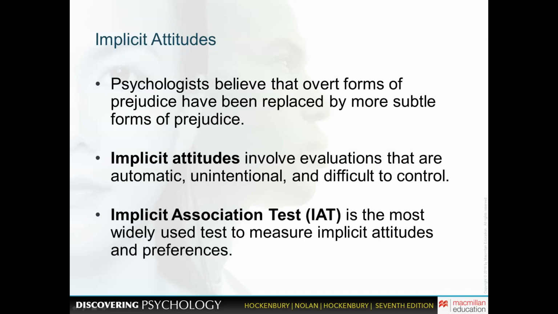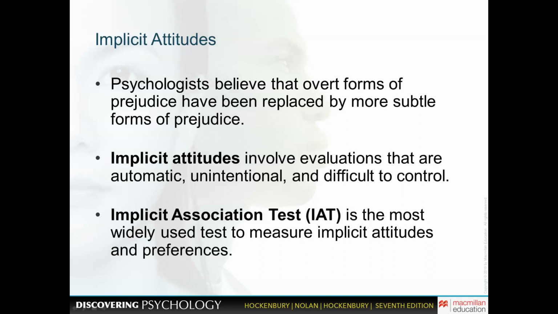All right, let's take it a little bit further here. You might remember we used a couple of terms like implicit and explicit. When it comes to attitudes, and especially prejudice, there are more subtle forms of prejudice according to psychologists. Number one, here in bold font, is implicit attitudes.